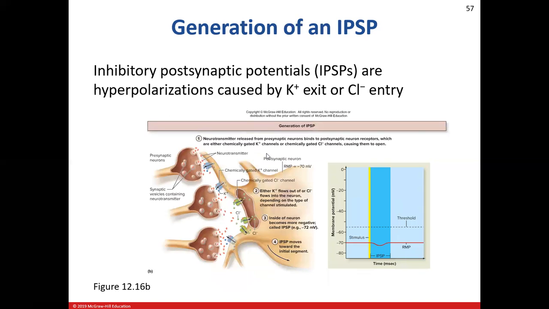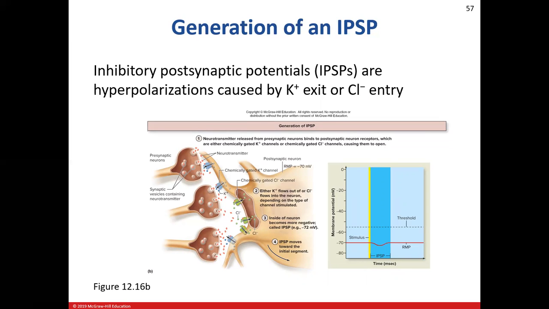If we look at the generation of an IPSP, these are the opposite. These are hyperpolarizations that are caused by potassium exit, leaving the cell and becoming more negative, or chloride entry, which you'll notice up here, the chloride ion is a negative ion. So a negative ion coming into the cell also makes it more negative.